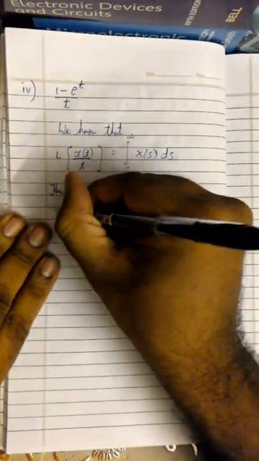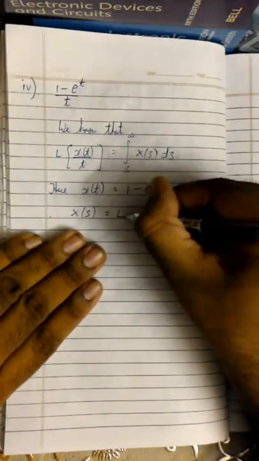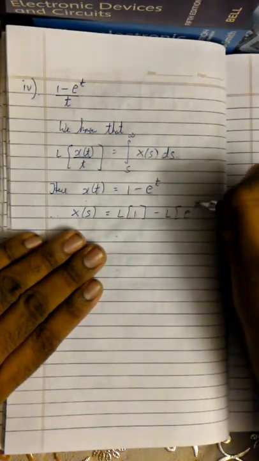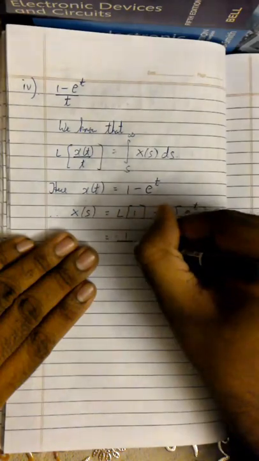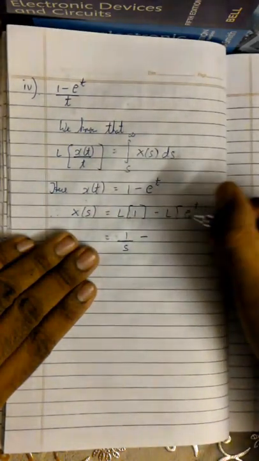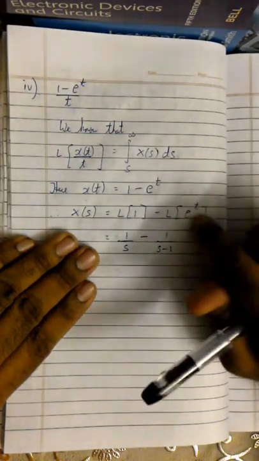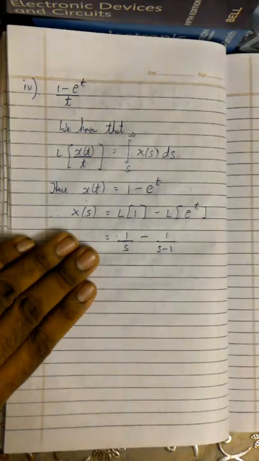Therefore x of s is equal to the Laplace transform of 1 minus the Laplace transform of e raised to t. Laplace transform of 1 is 1 by s minus, and Laplace transform of e raised to t is 1 by s minus 1, because the factor of e is plus 1, so the shift will be minus 1.